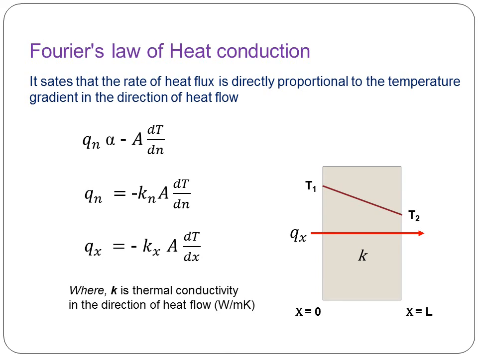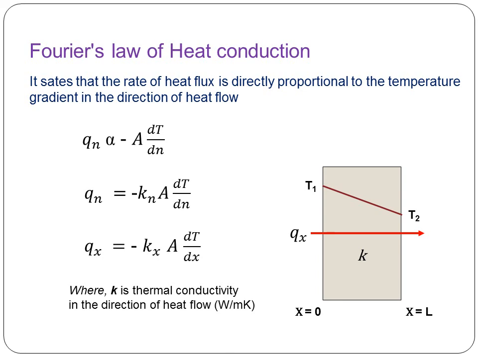Now, this negative sign takes care of the negative temperature gradient, because when heat flows, it is from the high temperature region to the low temperature region, but when you integrate, it will give you a negative difference. That negative magnitude is taken care of by this negative sign.